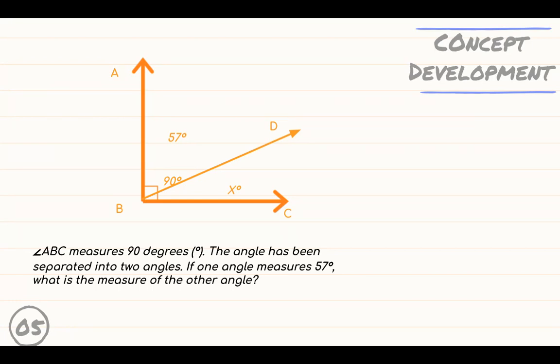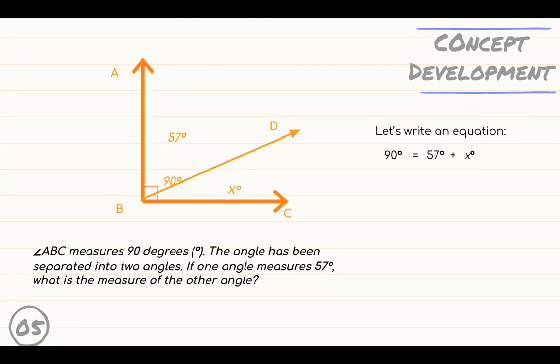I've chosen x to represent the unknown variable because it is the most common variable. Let's write an equation. Since we know that the entire angle, or the entire right angle, is 90 degrees, we have the total. And that equals 57 plus the unknown value of x.